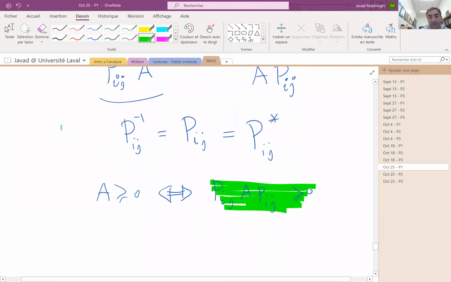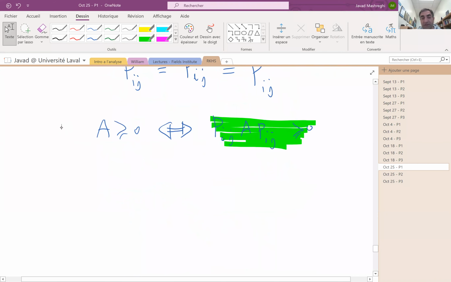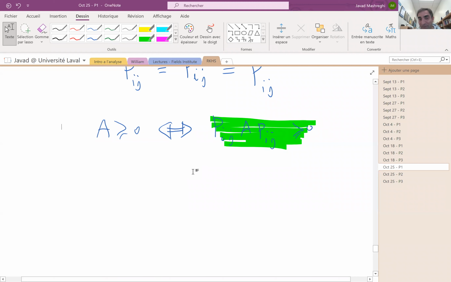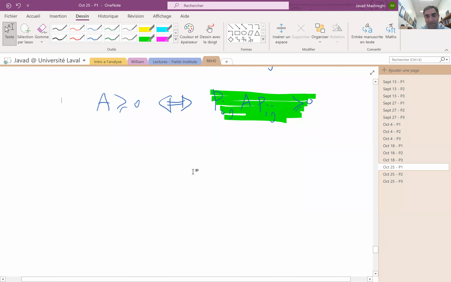Of course, at the very beginning, x1 might not be the smallest one, but we apply this observation here. We multiply our matrix by Pij with the right choice of i and j, such that we can bring the smallest one to the very beginning. And what would be the consequence of this?